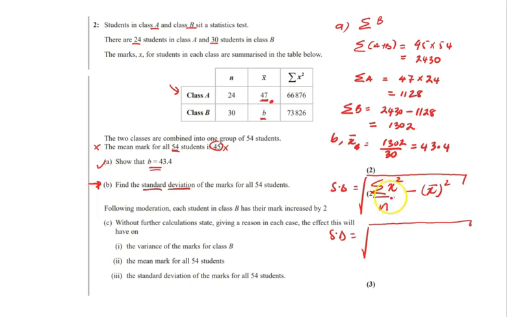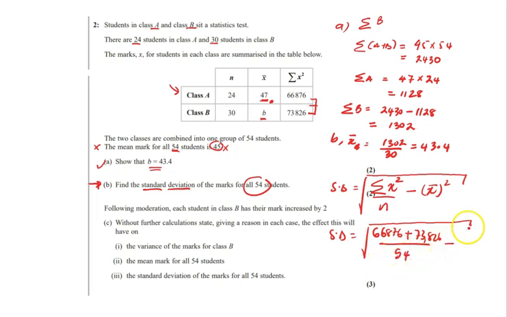But remember, we are looking for the standard deviation of all the 54. That means we're looking for the sum of x squared of all the 54. So you're going to have 66,876, you add the 73,826, you divide by the total, which is 54.